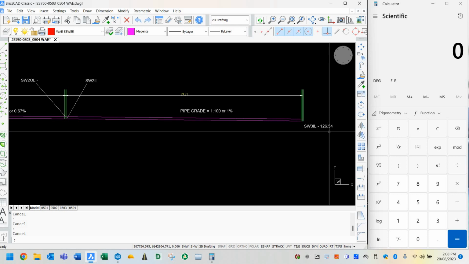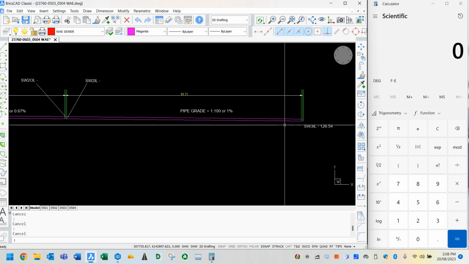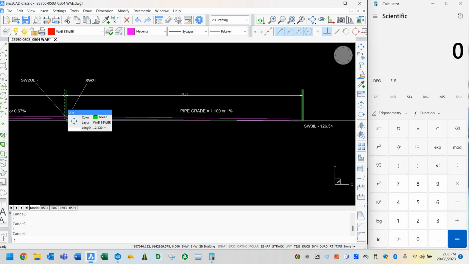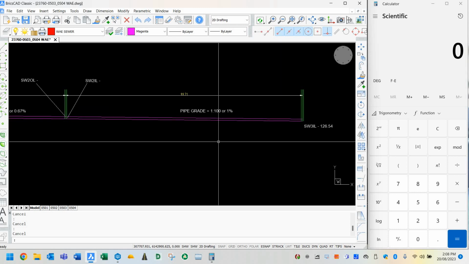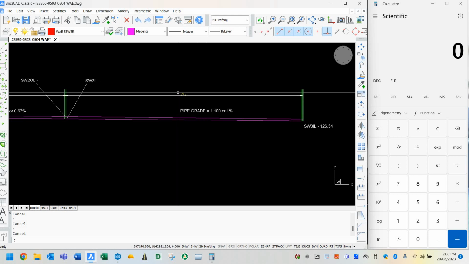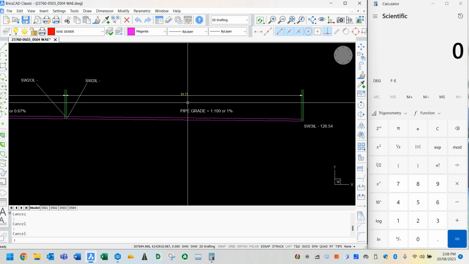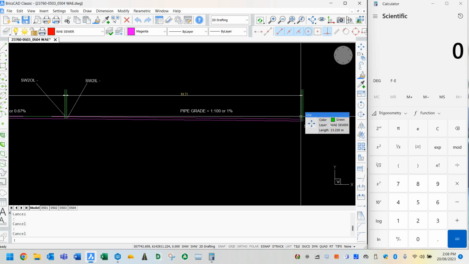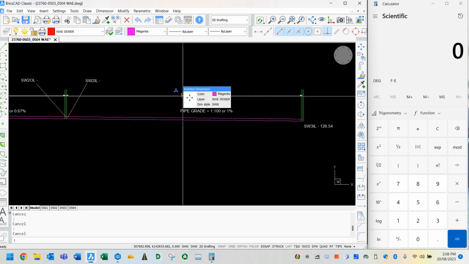First, you want to calculate your change in elevation between point A and point B. We've got our grade and distance, so the rise from here to here is distance multiplied by the gradient.